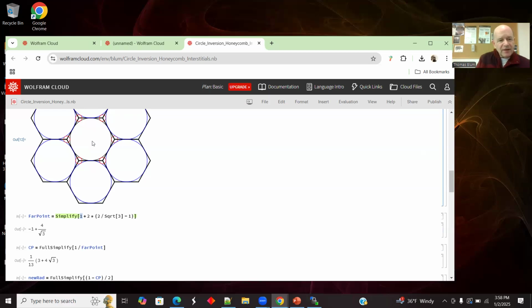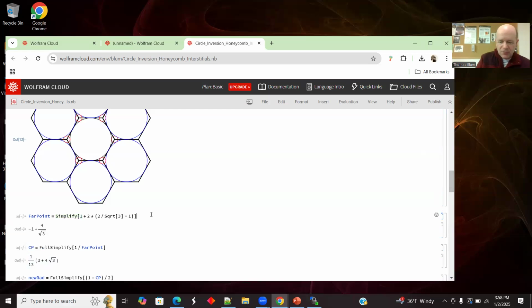So I'm going to take that far point along a radius, and I want to find its corresponding inverted circle. So I'll call it CP, the close point. And so I took 1 over far point. That's my circle inversion. And I did a full simplify. Simplify wasn't enough. It was giving me a very sort of crappy looking answer, but full simplify sort of did what I wanted it to do.